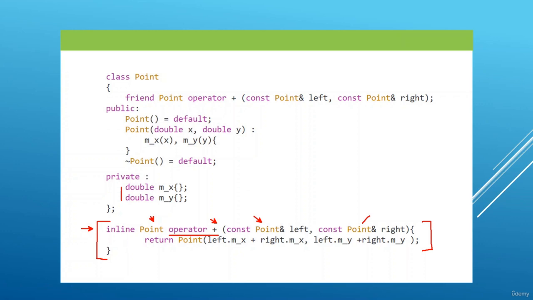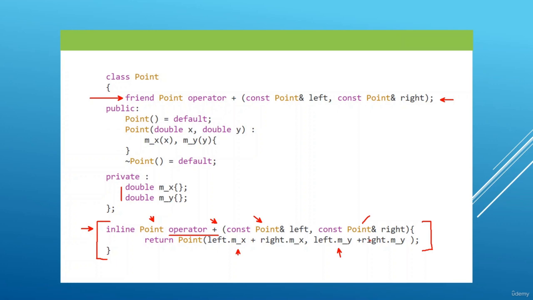To give it access, we're going to declare it as a friend function of our class, and we're going to use this declaration we have on top here. We're going to say that it is a friend of our class, and this is going to give it direct access to the member variables. For example, this is going to let it directly access mx and my, as you see here, from our point parameters, and this is going to make our operator much cleaner.